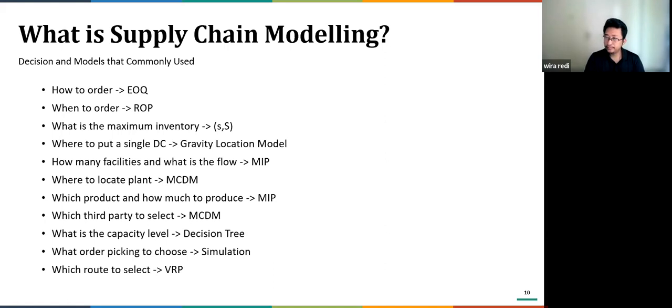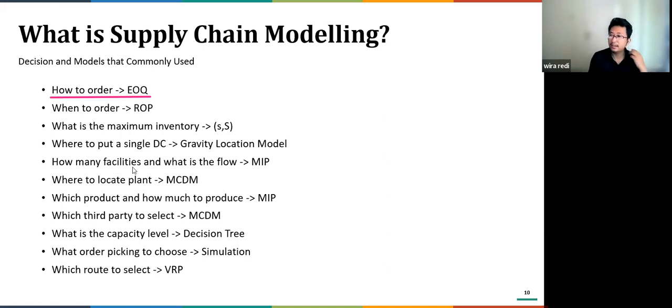For example, if we want to decide how many to order for inventory problems, right? For example, I have this amount of demand periodically, the cost of ordering is this amount, and the cost of inventory is this amount.